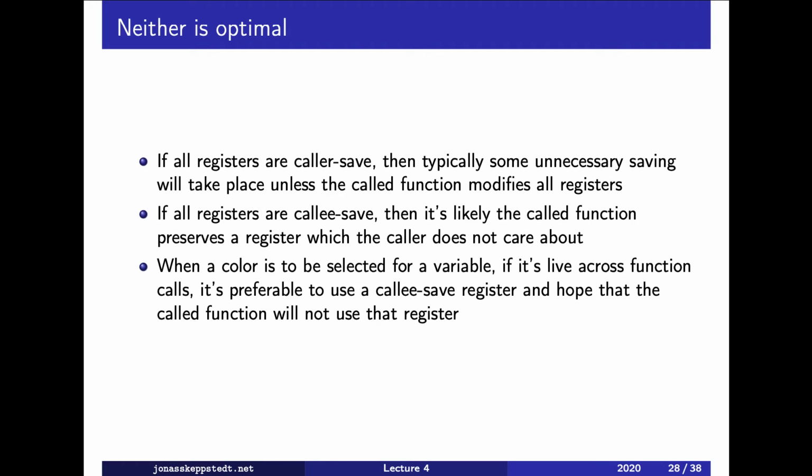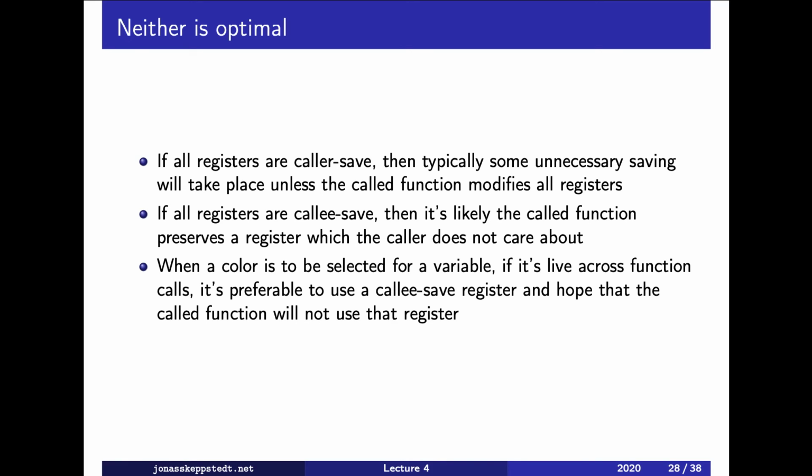Okay, so more practically, when we decide on a color, when we come to that part of the coloring algorithm, it's a good idea to see if this variable is used across a function call.